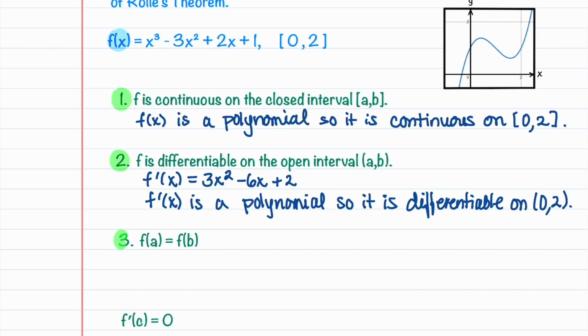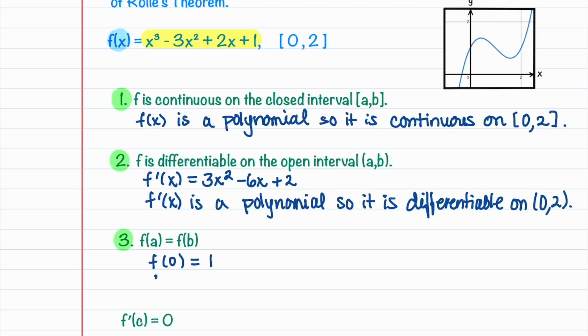Let's now look at our third hypothesis. This says that f of a is equal to f of b. That just means the function is going to be the same value at the endpoints. So we are going to have to find the function at each endpoint. Our first endpoint, x is 0, so we're going to plug in x is equal to 0. Looking back up here, let me highlight it so you can see where we're looking. We substitute x is equal to 0 into that, and you can see that we get 1.